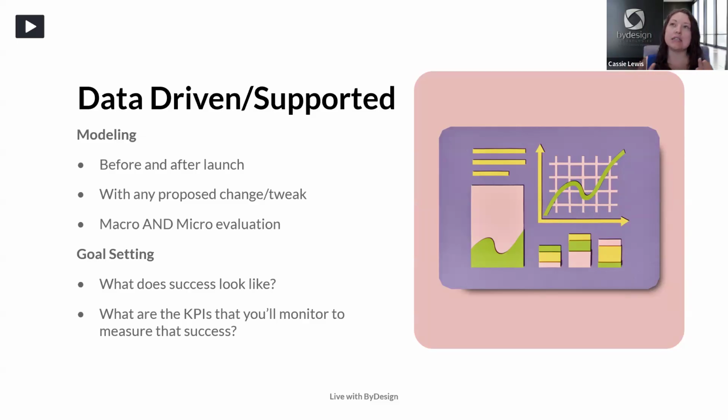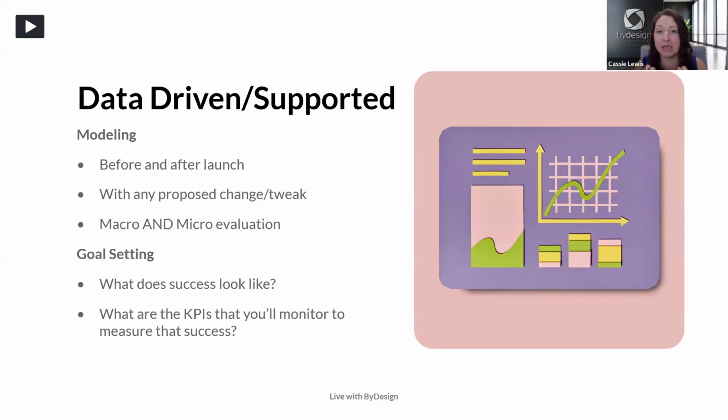So the modeling doesn't just help you to make the right decisions, it also arms you with the information that you need to be able to go out and communicate it effectively and train the field on what they are going to need to do to be successful in that new plan. Modeling is also going to help you with your goal setting.